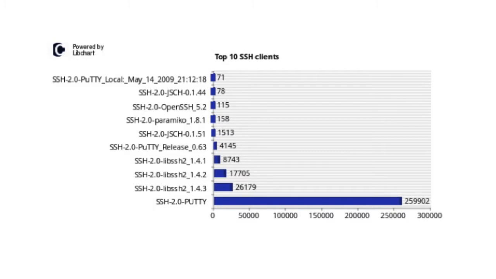Release 0.63, and this one that looks like a custom version from May 14th, 2009. But yeah, most of the password guessing attempts seem to actually be using PuTTY. It doesn't seem to be as automated as I thought it was going to be.